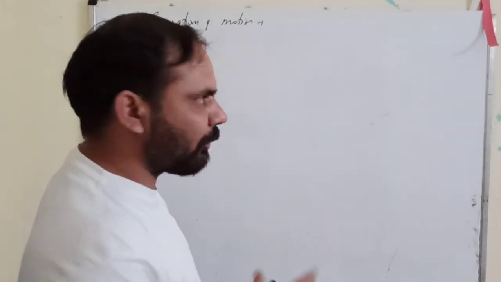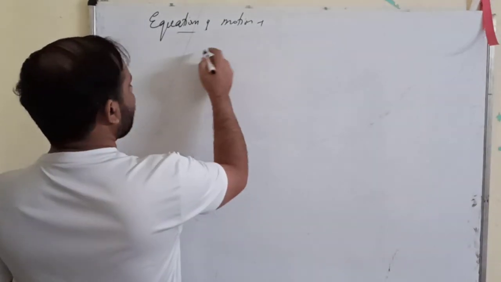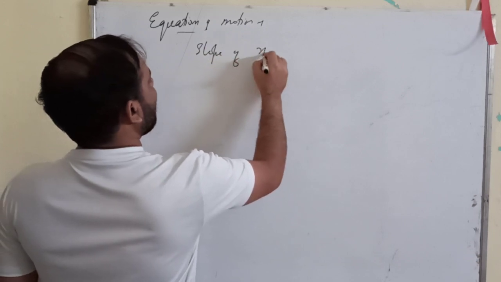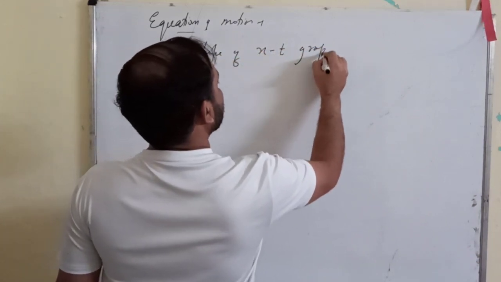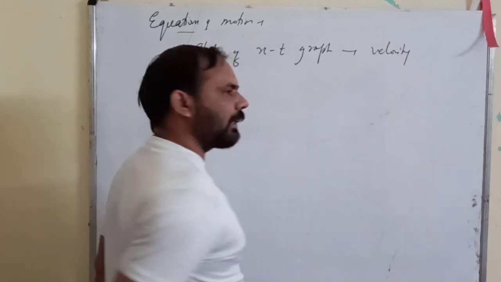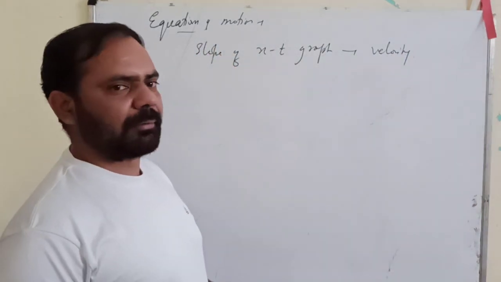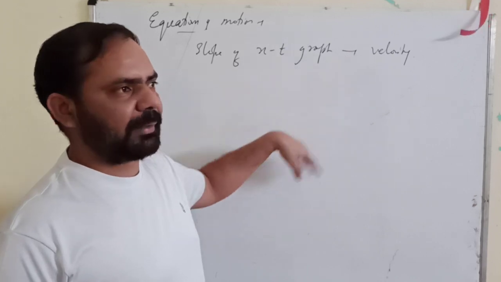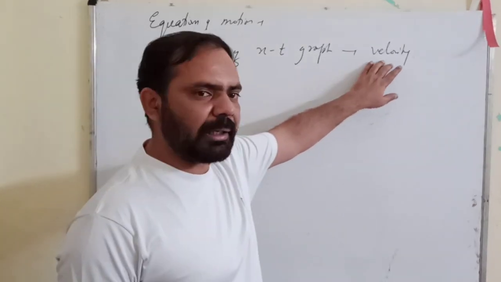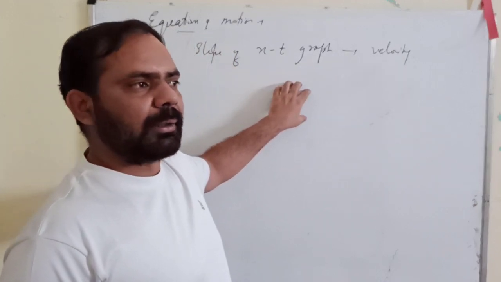Now just one or two points that I want to mention here. The slope of the x-t graph gives you velocity. If the x-t graph is a straight line, I already told you which velocity you get.